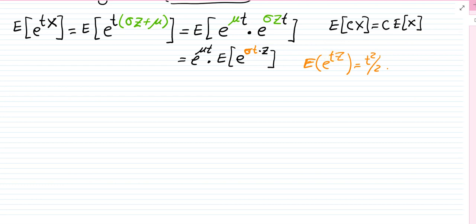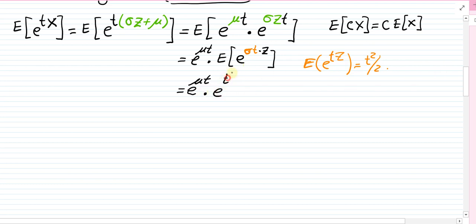So what that means for me is that I can write this as e to mu t, and then the expected value of e to t sigma z is going to be simply e to t squared sigma squared divided by 2 using this. Okay, and we are almost done. Indeed, the next step we will be done.